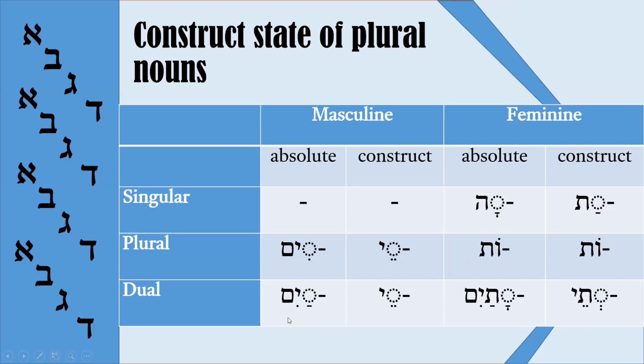As for the dual form, it is almost the same, but it doesn't occur very often, so I don't want to spend much time explaining it because it's quite rare. In the masculine it would be the same as the plural form, and in the feminine it could be a little different because it would have the tav ending. So this is the only difference.